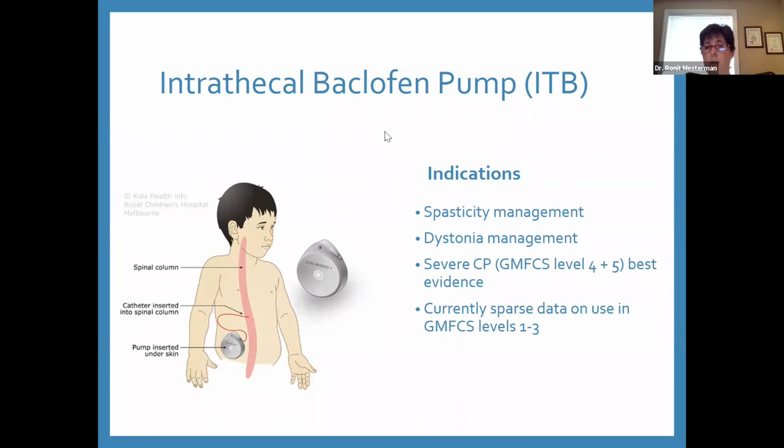It's the same baclofen that we have discussed as an oral medication, but the advantage is that you can get better results on tone while you're avoiding the same side effects of severe sedation. It is indicated for both spasticity management as well as dystonia management.